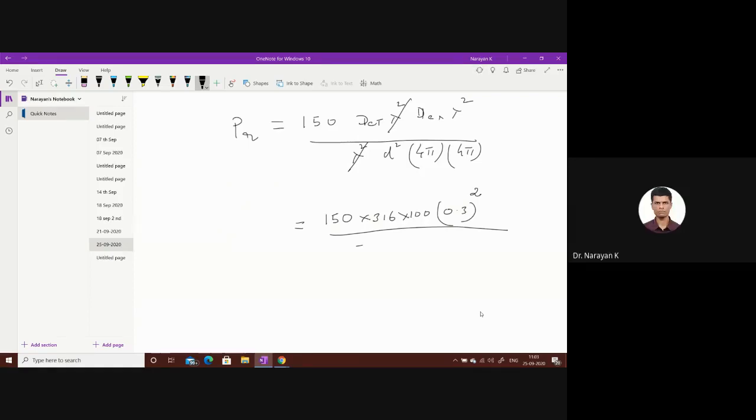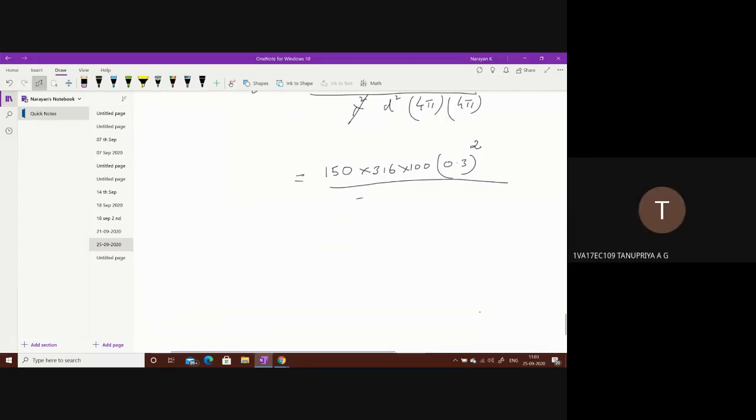I forgot the distance now. 0.5 kilometers. 0.5 kilometer in meters will be how much? Into 1000, 500 meters. Okay, so I'll rewrite this as 4 pi square into 500 square.